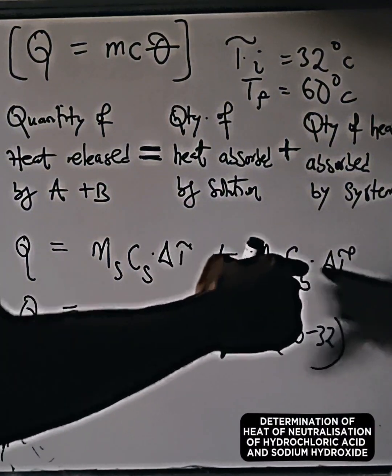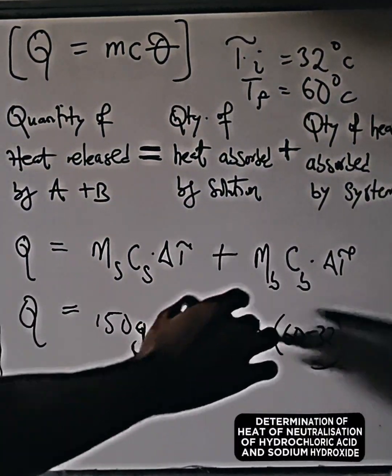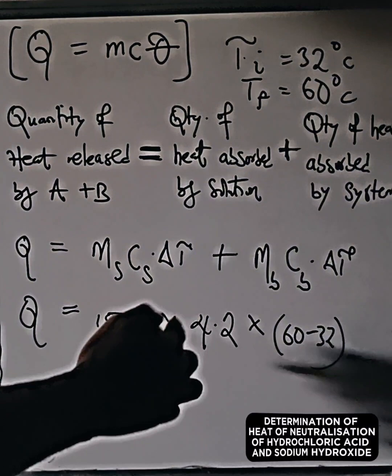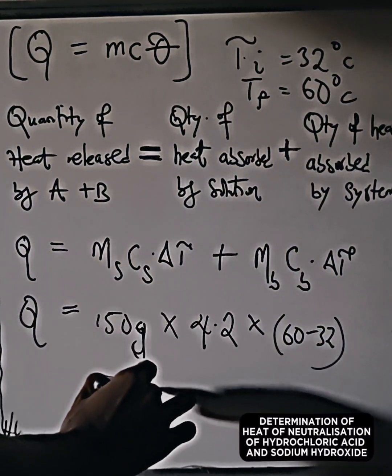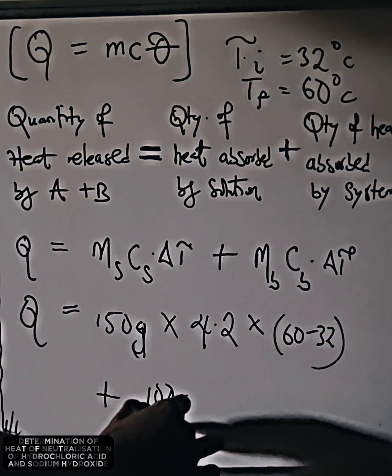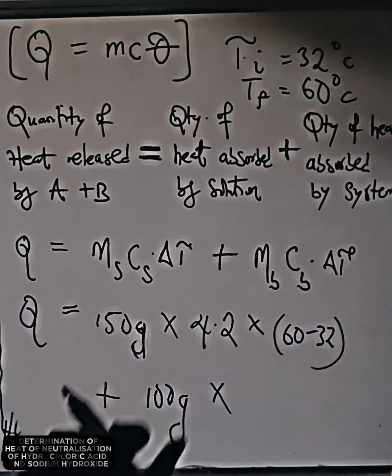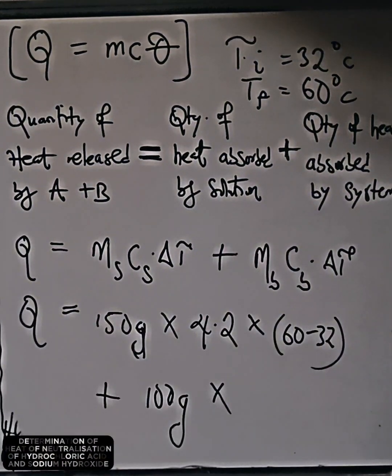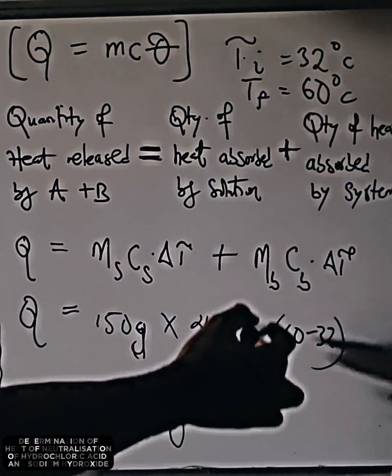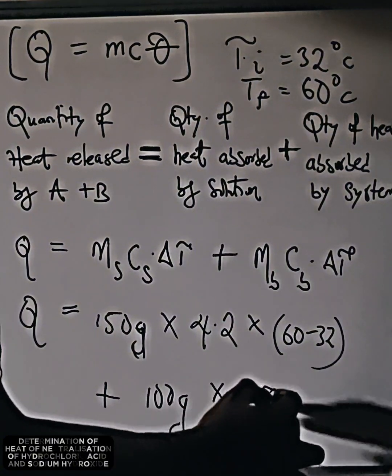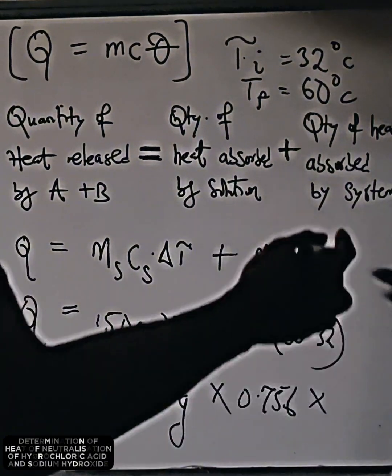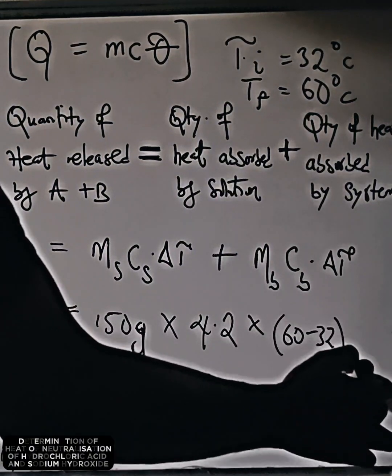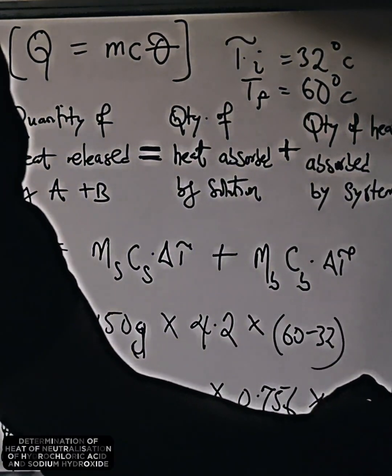So we're going to add it to that of the system, that is the beaker. Let's say the mass of the beaker was 100 gram, times the specific heat capacity of the beaker, which we are assuming is glass, and that is a constant, 0.756, times the change in temperature. Again, you can have 60 minus 32.